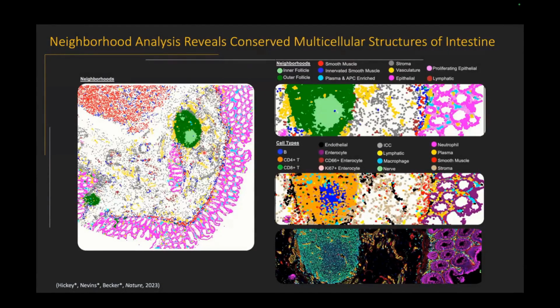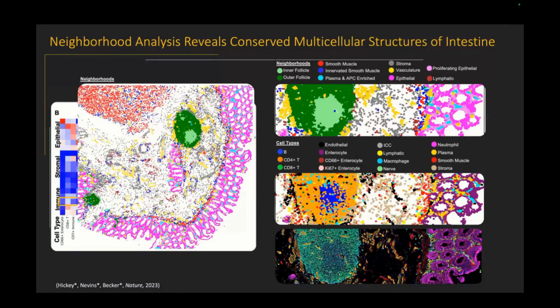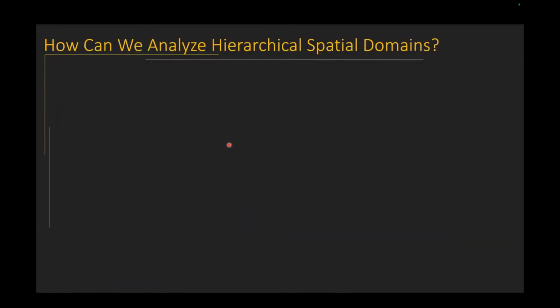One of the things that I find interesting, though, is if we think about vasculature here in the submucosa versus the vasculature here near the follicle versus the vasculature here in the mucosa, these are in very different environments. So even though these are a multicellular unit, we can find these multicellular units in different contexts. So how do we think about that spatially?